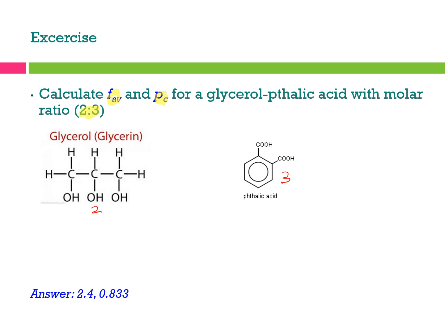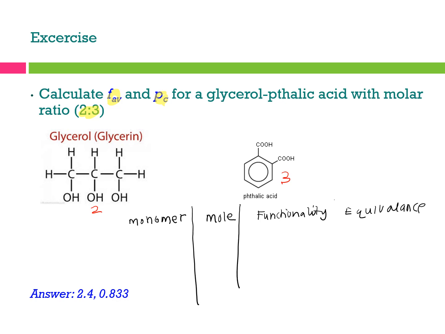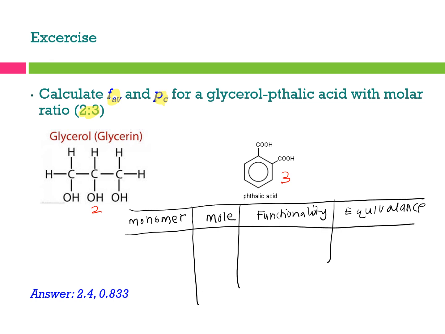To calculate the equivalents, first it is easier for you to draw a table. In the first column, you write monomer, which is the components of the reaction, then the number of moles, the third column is the functionality, and lastly the equivalents. So you can draw a table here. The first monomer is glycerol.